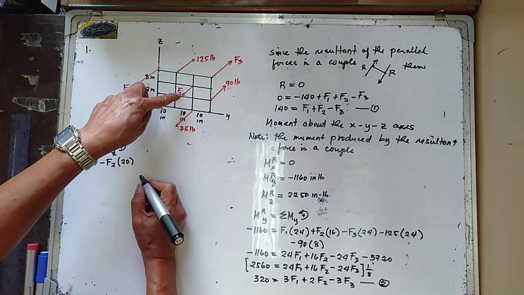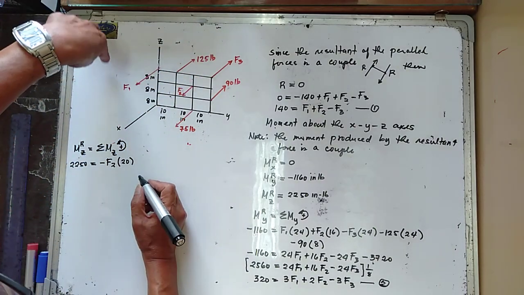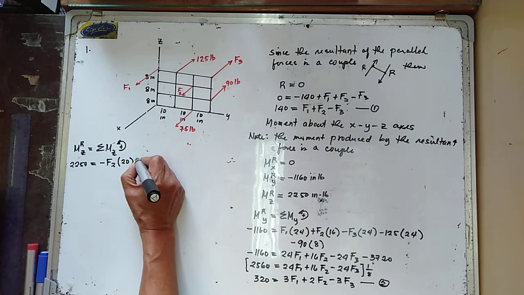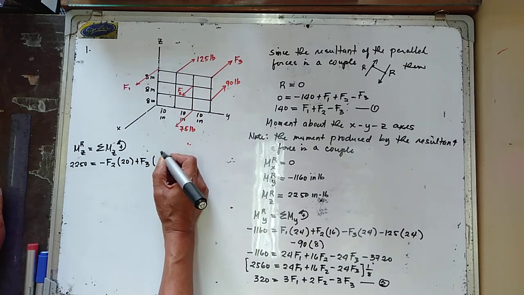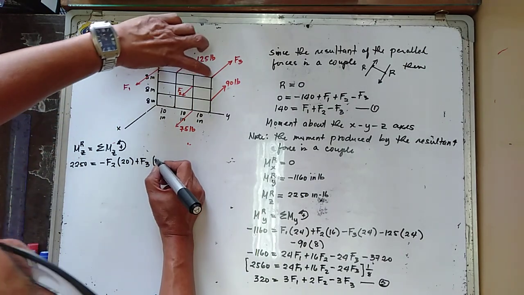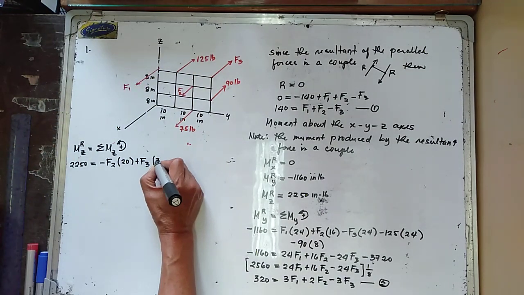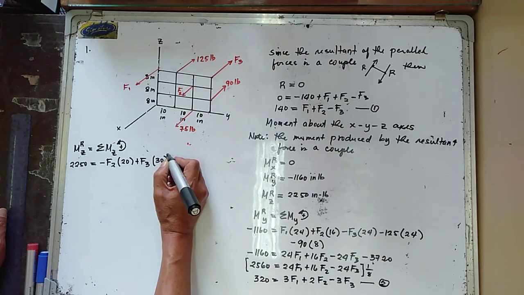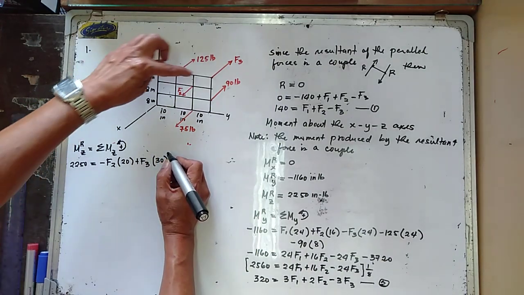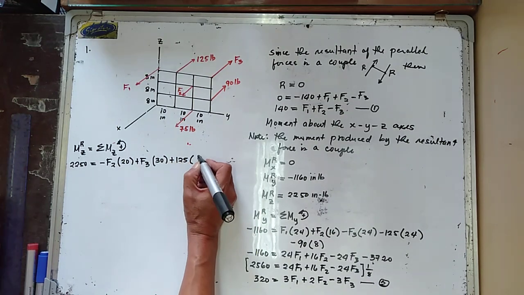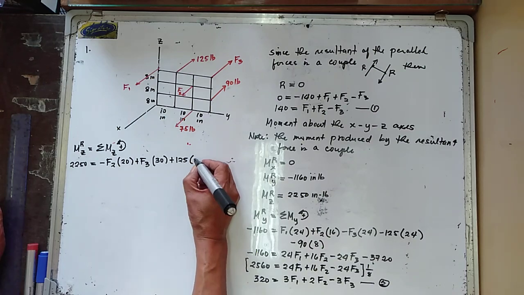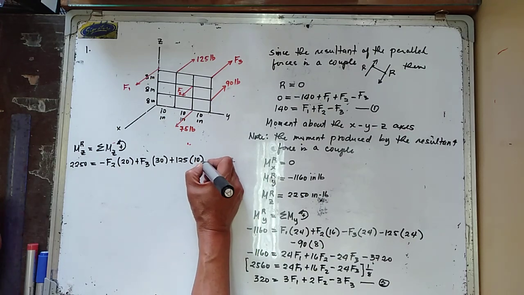So we have your F3 going counterclockwise about the z-axis, plus F3, and the moment arm is equal to 30. And then for the 125 counterclockwise, so that is plus 125, the moment arm is 10.